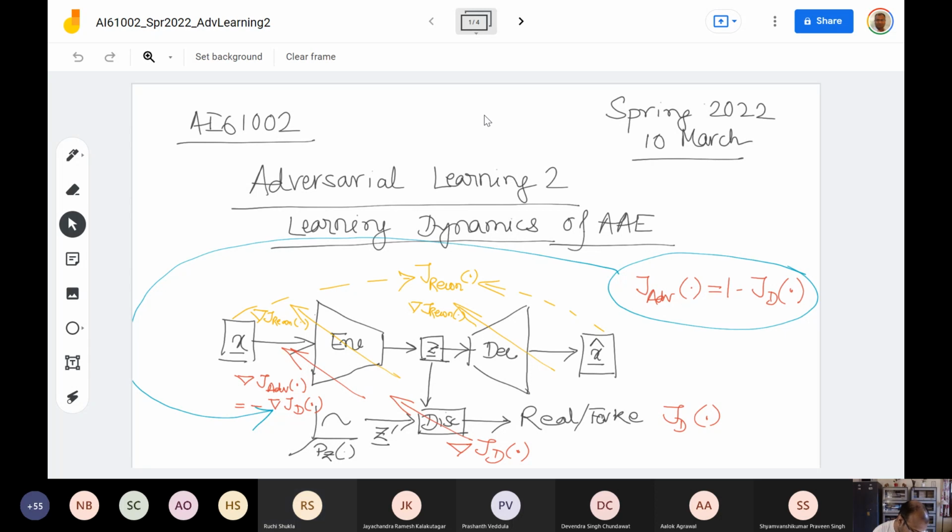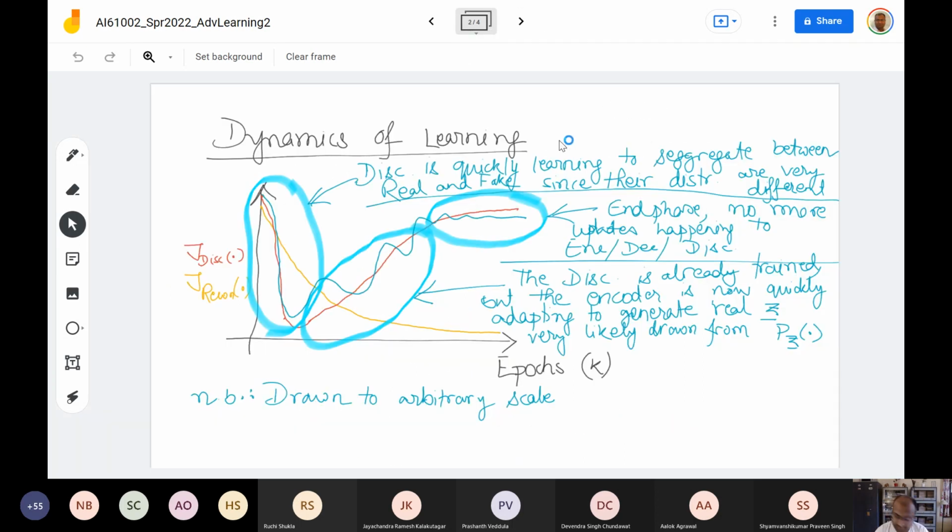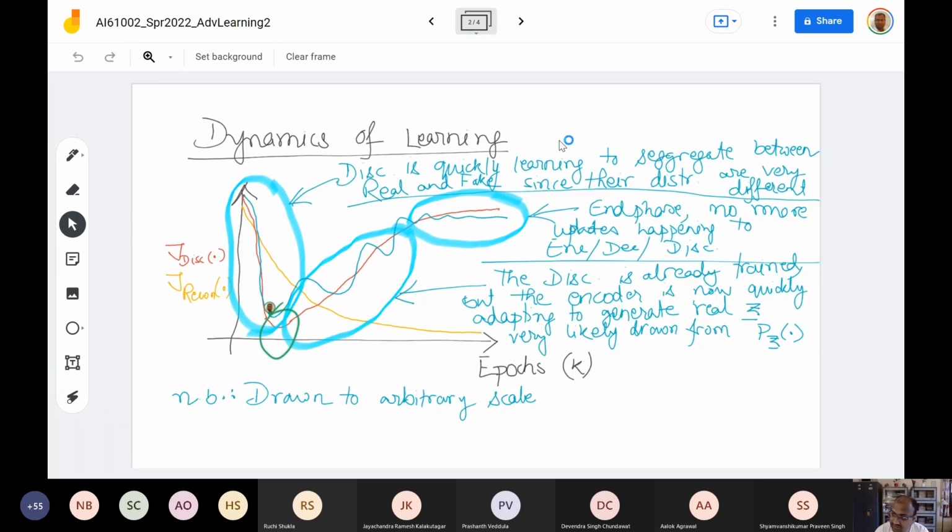So see, if you are stopping your training over here, you need to understand that your Z is not similar to Z prime. Your objective is to force Z to behave in a way such that it appears as if it's coming from Z prime, and Z prime is the target distribution which you want to follow.